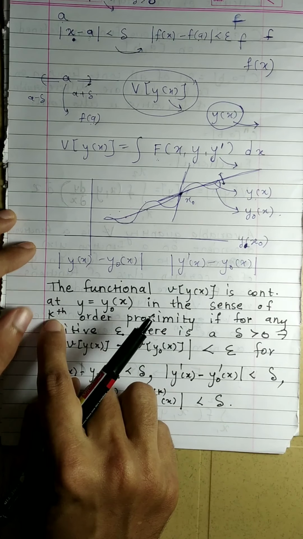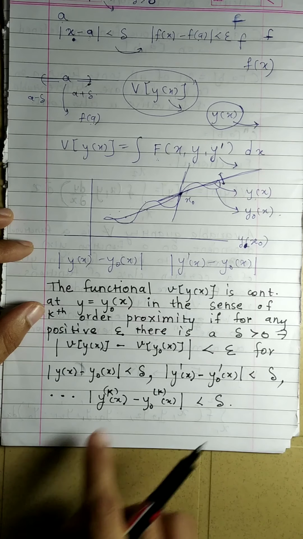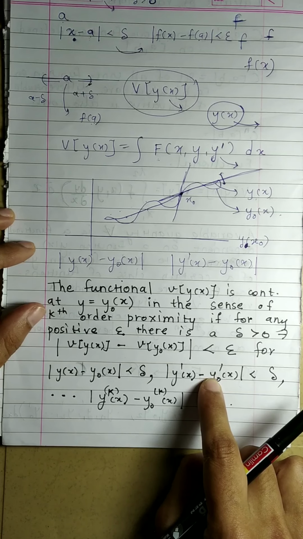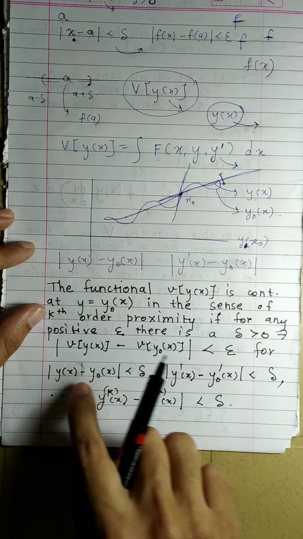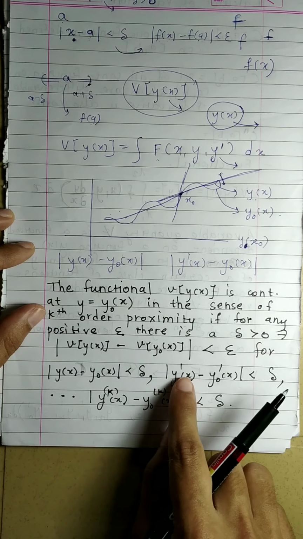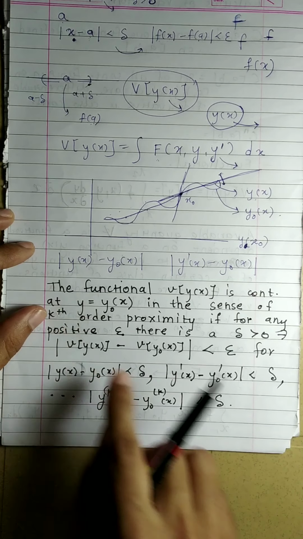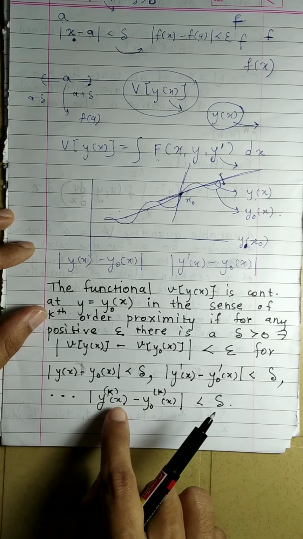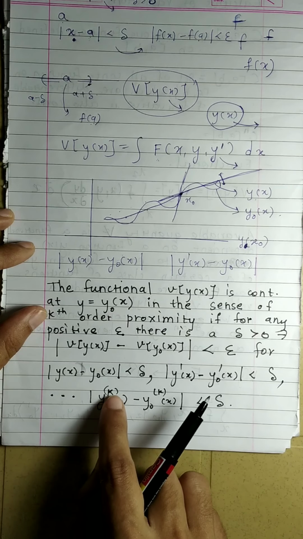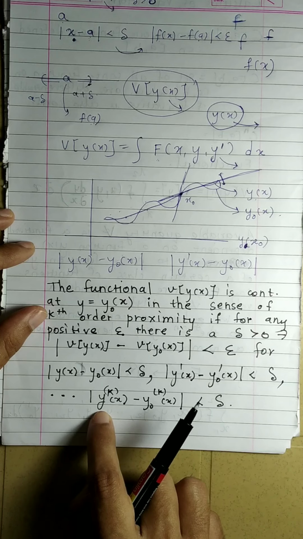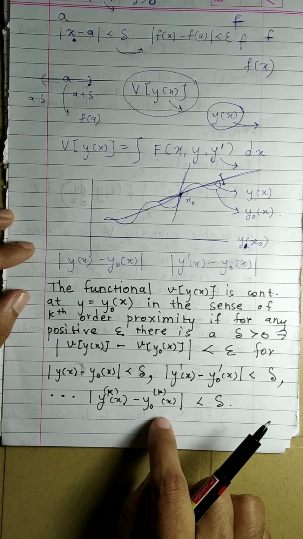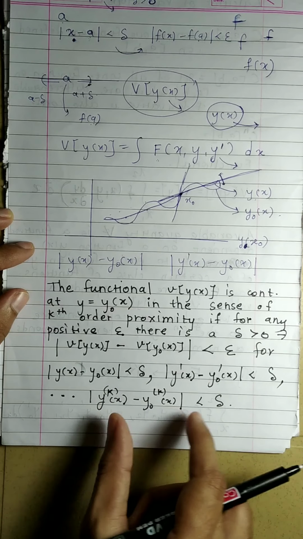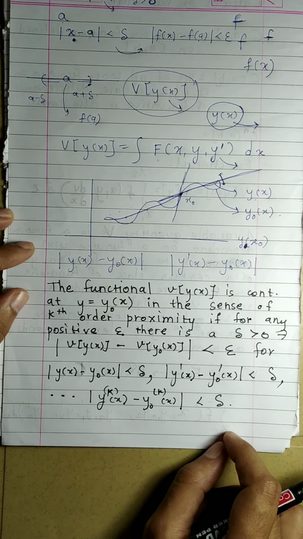Okay, so if k is equal to 1, then it will have to satisfy two conditions. 0th order proximity means only this one condition, then for k equal to 1 it will be this and this condition. Okay, and what does k denote here? It is the kth derivative of y of x, kth derivative of y naught of x. Okay, so the absolute value of these quantities is less than delta.